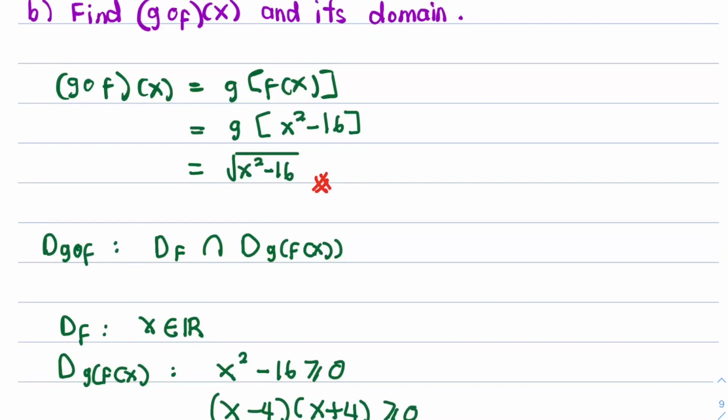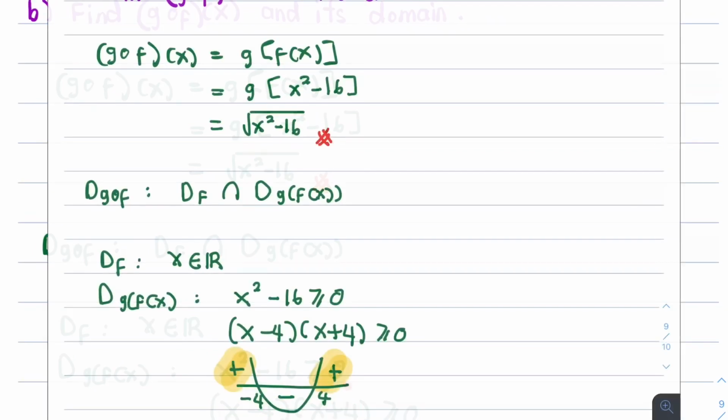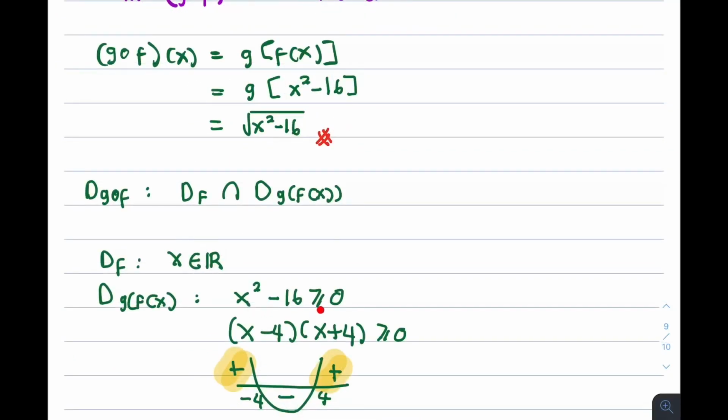Now for the domain overall, square root of x squared minus 16, since it is a square root, the whole expression under the square root should be greater than or equal to 0. So you have x squared minus 16 greater than or equal to 0. This becomes a quadratic inequality, so solve using the quadratic inequality method.